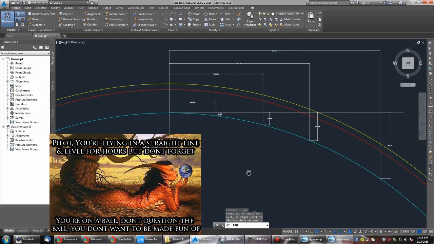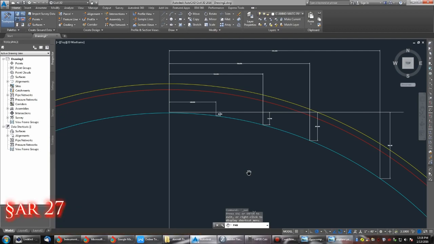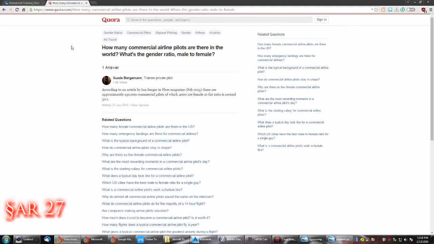Now, I can take this diagram here, this presentation, and there are quite a few airplane pilots out there. If you've never looked at it, in February 2015, in Flyer magazine, there are approximately 100,000 commercial pilots.